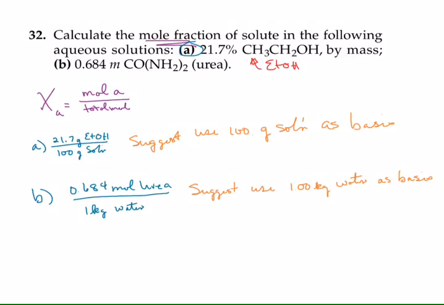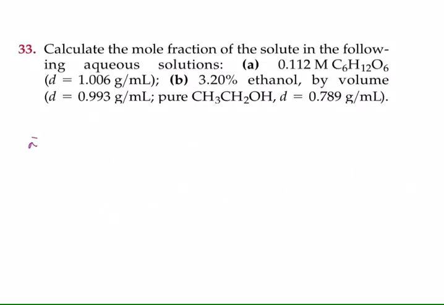You can use the molar mass of water to see how many moles of water are in 1 kilogram. Then you take those moles plus the moles of urea, and that's in your denominator.